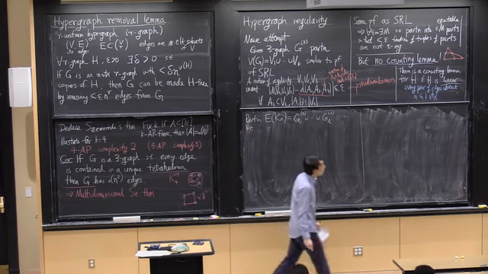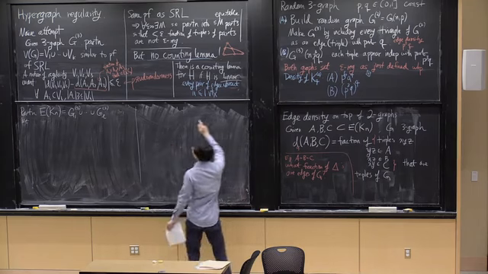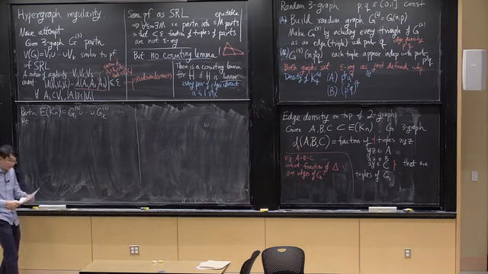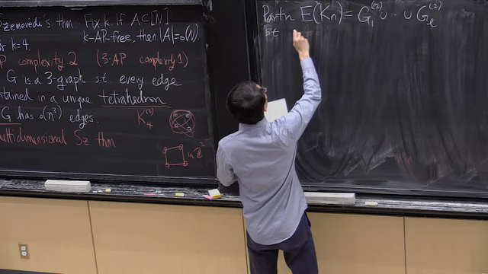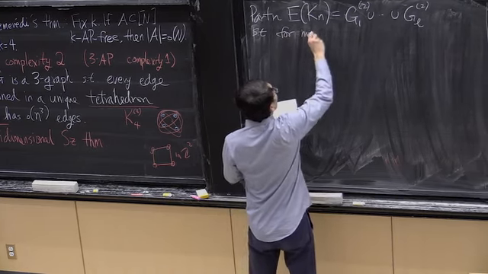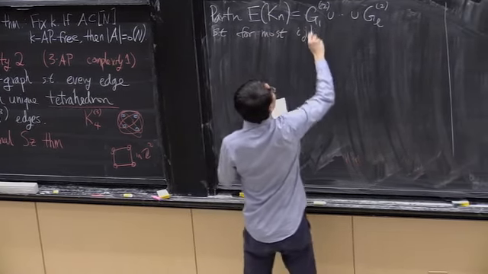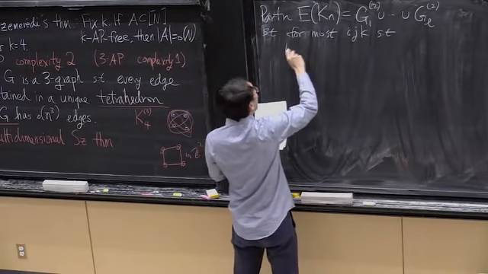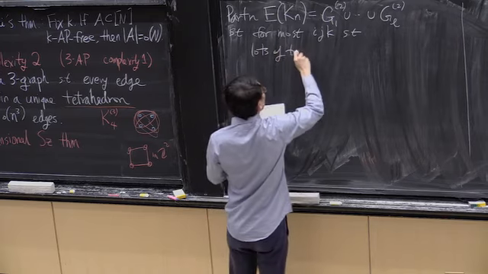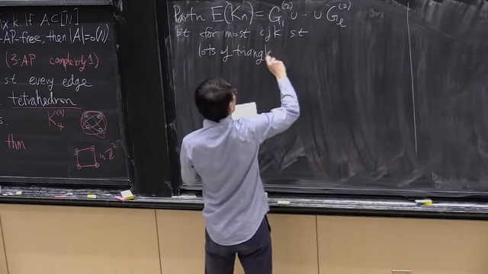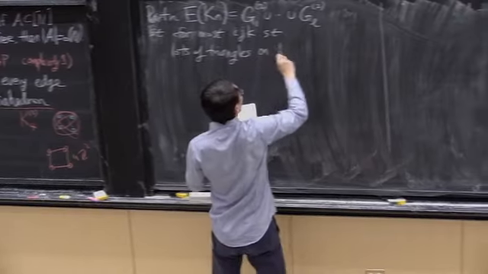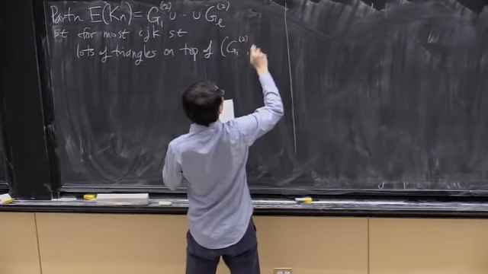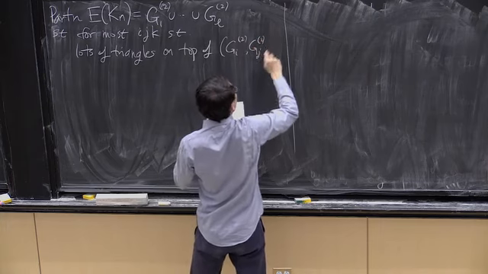we would like a similar type of regularity condition, but for those types of densities, right? Such that for most i, j, and k, we have lots of triangles on top of these three graphs in the partition.